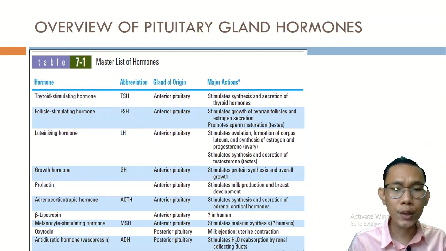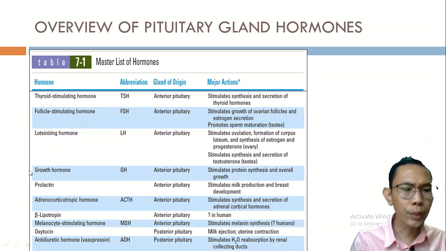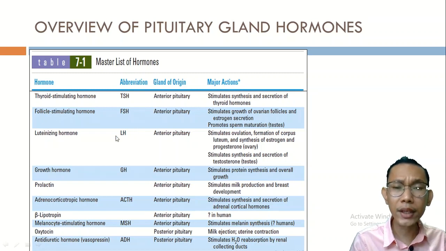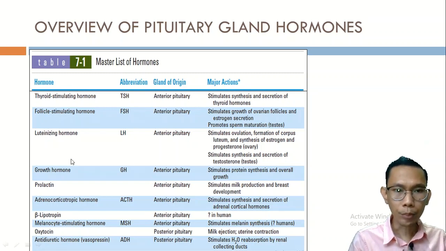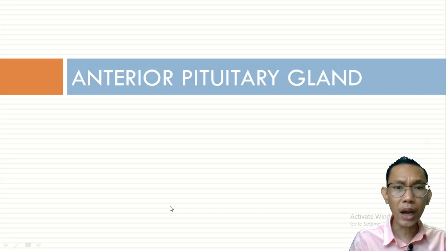Your luteinizing hormone is for ovulation, formation of corpus luteum, and stimulates synthesis and secretion of testes. You can just basically read this one, but we are going to discuss all of these hormones. This is just an overview of all the pituitary gland hormones. Now let's proceed with our anterior pituitary gland.